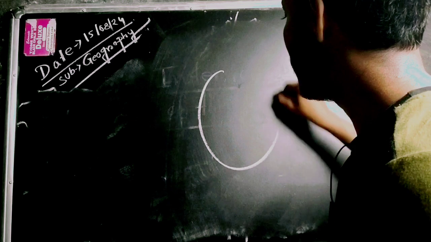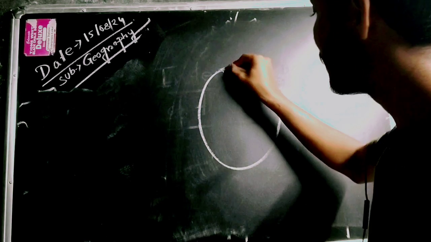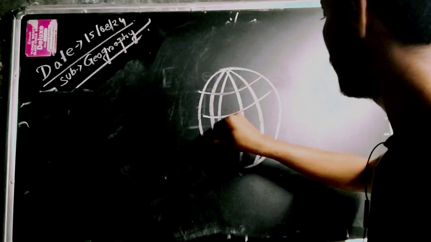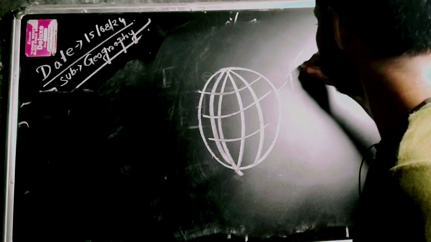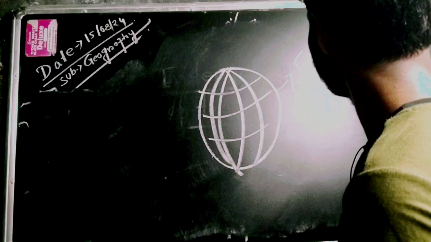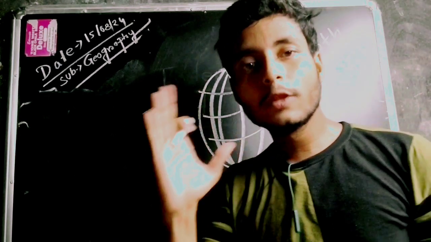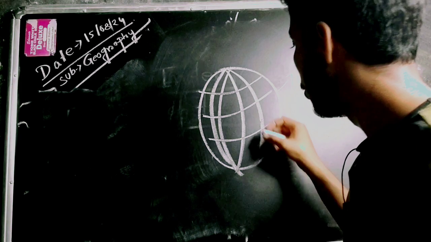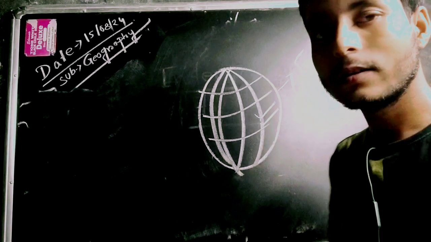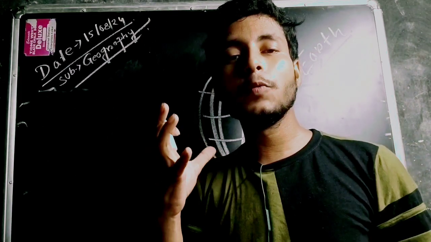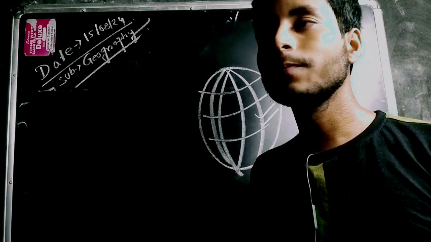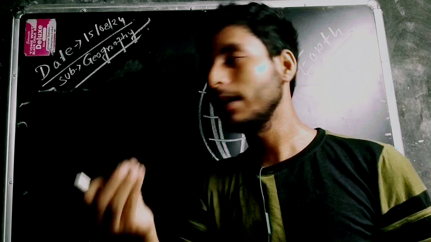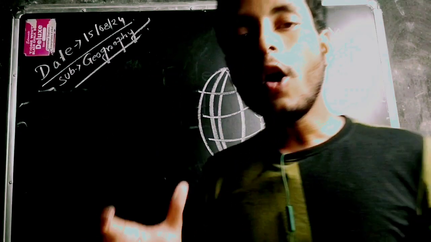If we draw this, let us think this one is the earth. We are living on the earth, with different kinds of trees, houses, a transportation system, and buildings.